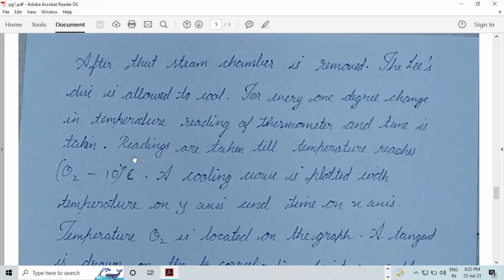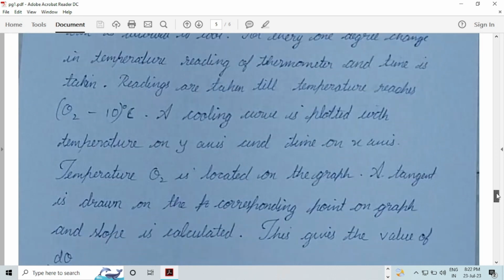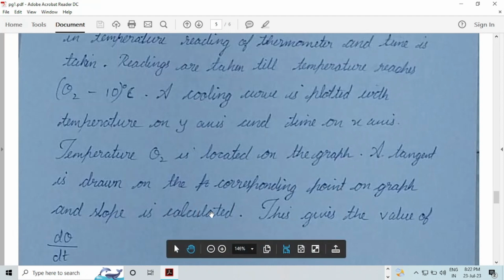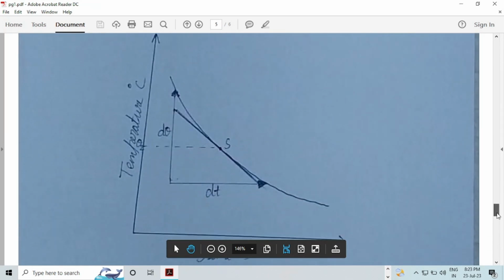A cooling curve is plotted with the data, with temperature on y-axis and time on x-axis. Then temperature theta 2 is located on the graph. A tangent is drawn on the corresponding point on graph, and slope is calculated. This gives the value of d theta by dt. See, this is a graph.